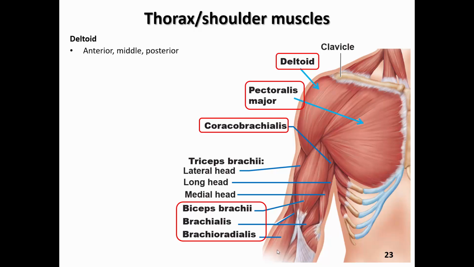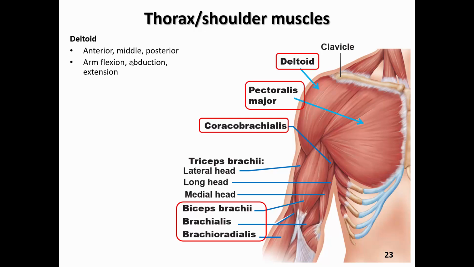Now, the deltoid muscle is made up of anterior, middle, and posterior portions. When this muscle contracts, it will produce arm flexion when the anterior portion contracts. Arm flexion would see the arm elevating in the sagittal plane.